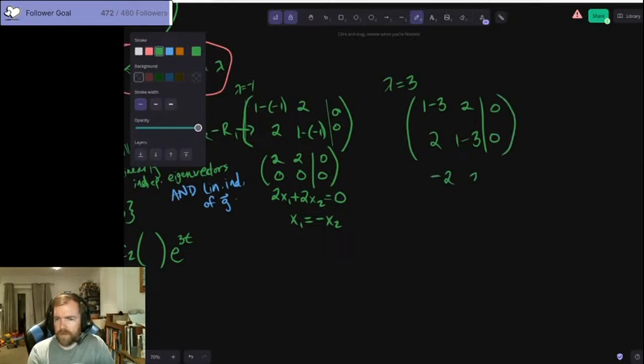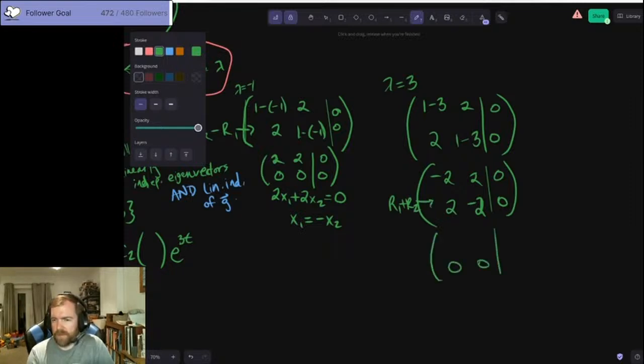So -2, 2, 0, and 2, -2, 0. Okay, so again, row 1 plus row 2, stored into the bottom one, is just going to get us 0, 0, 0.